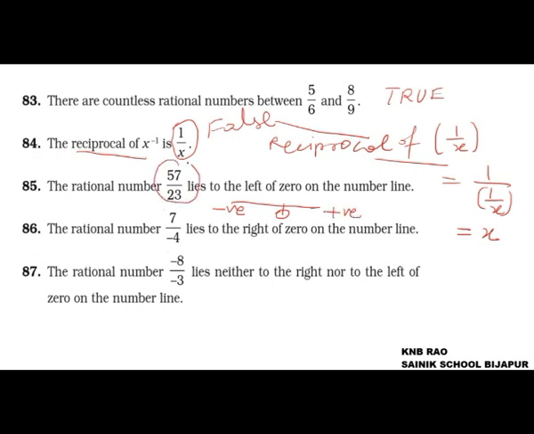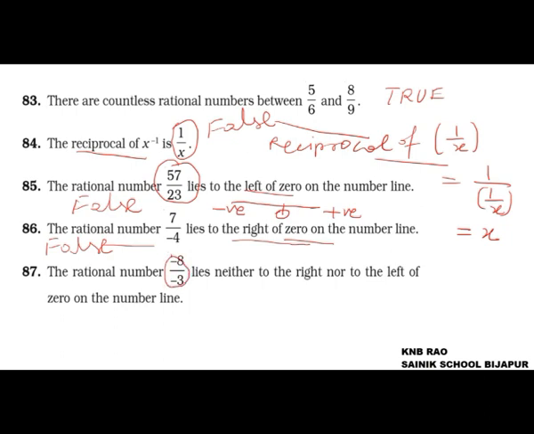Since this number is positive, it cannot be on the left side of 0. It is false. Rational number 7/-4 lies to the right side of 0. Since this number is negative, it cannot be on the right side. It's supposed to be on the left side. It is also false.